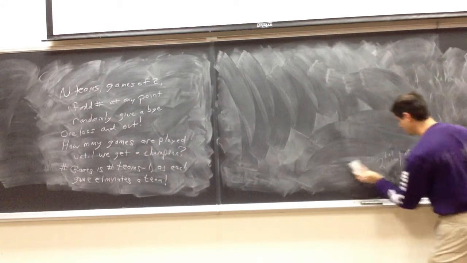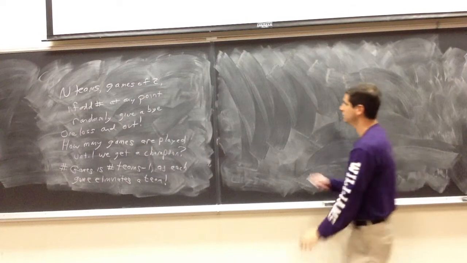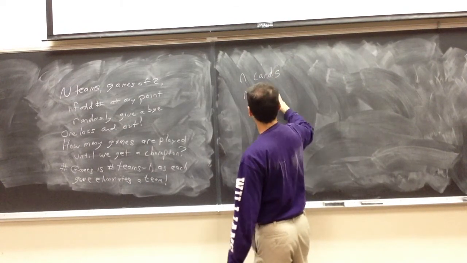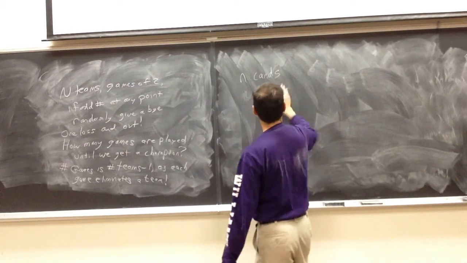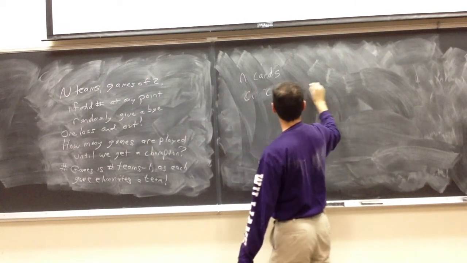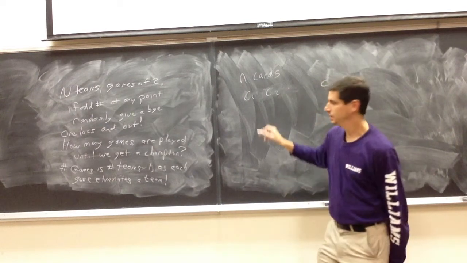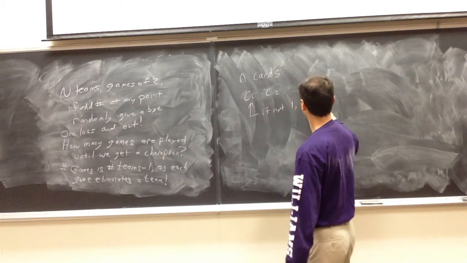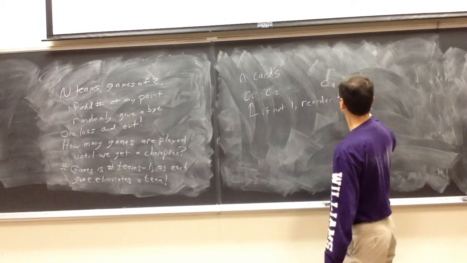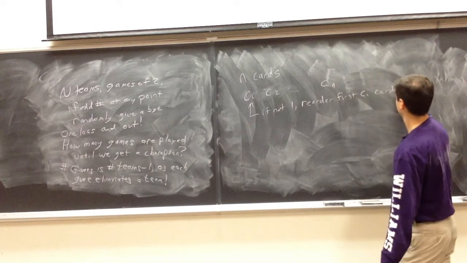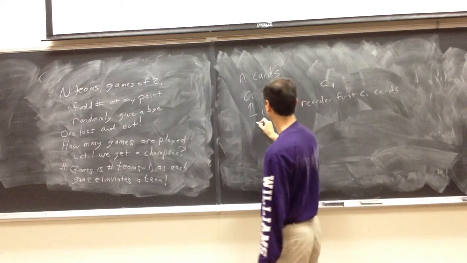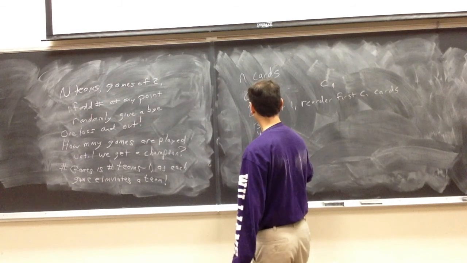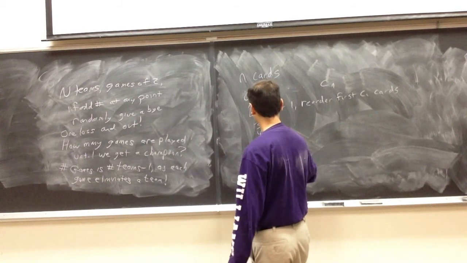I have some ideas, but I deliberately did not finish solving this one. So you have n cards, C1, C2, ..., Cn. If C1 is not 1, reorder the first C1 cards. Imagine I have 3, 4, 2, 1, 5.